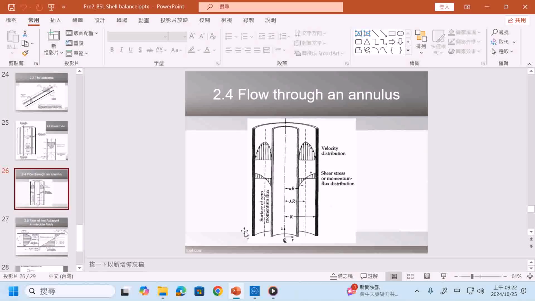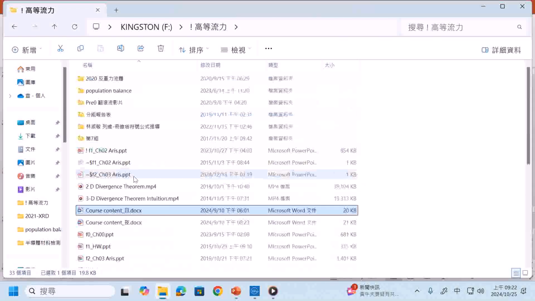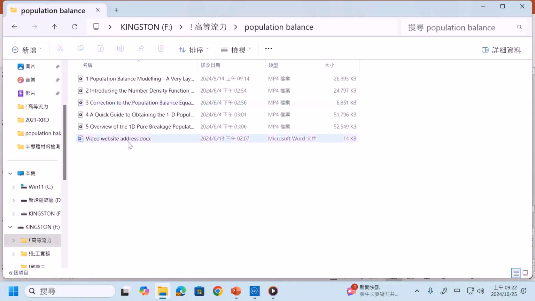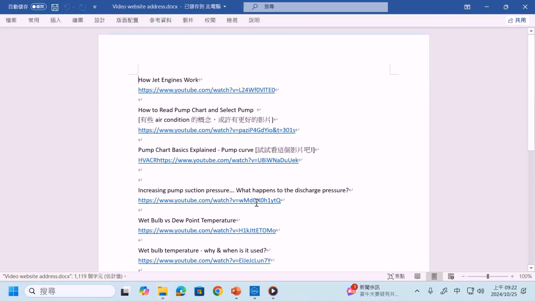I remember uploading a link in the other course, the advanced fluid mechanics course, but I don't remember if I uploaded it here. Anyway, I will share that. If you want a population-based model, you can take a look at this. That has a lot. Okay, I uploaded the link.